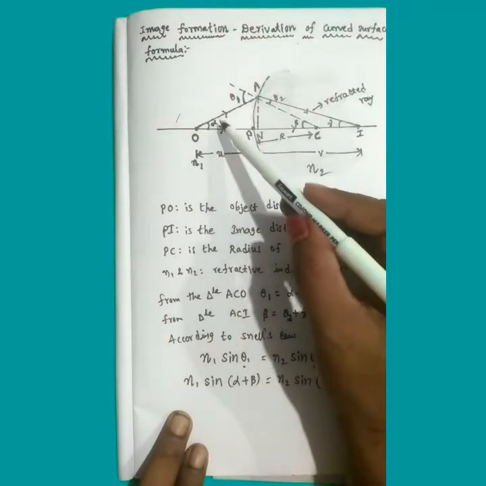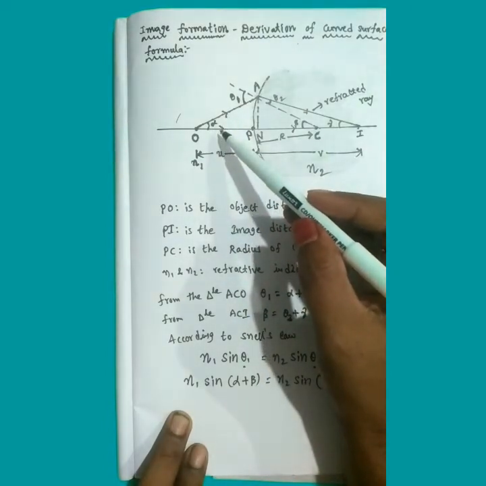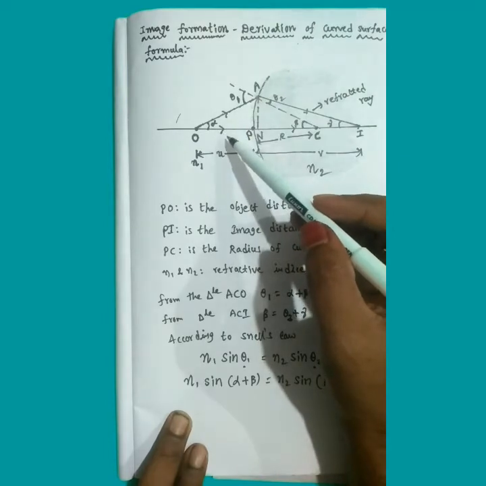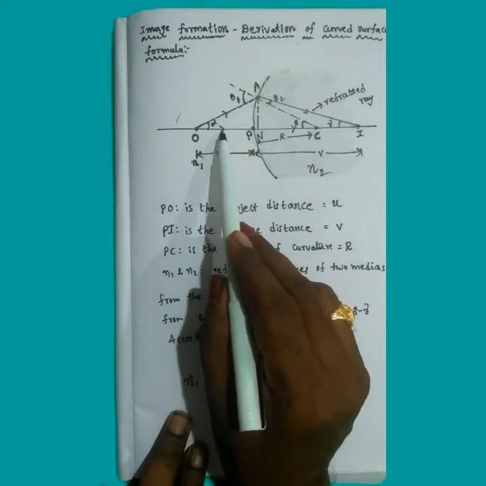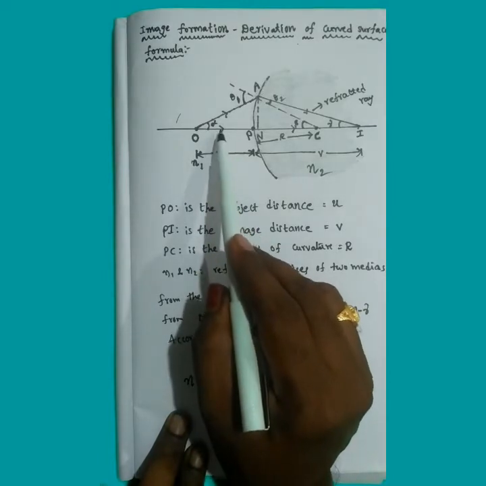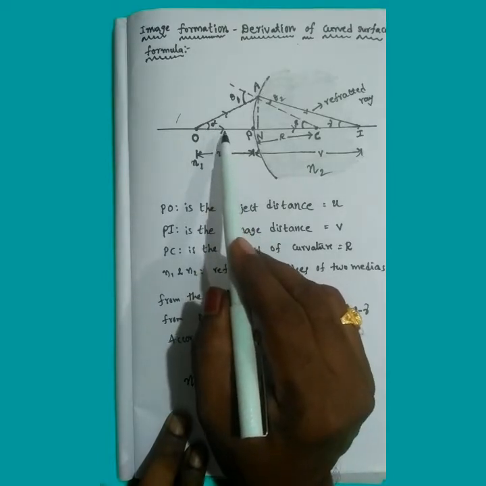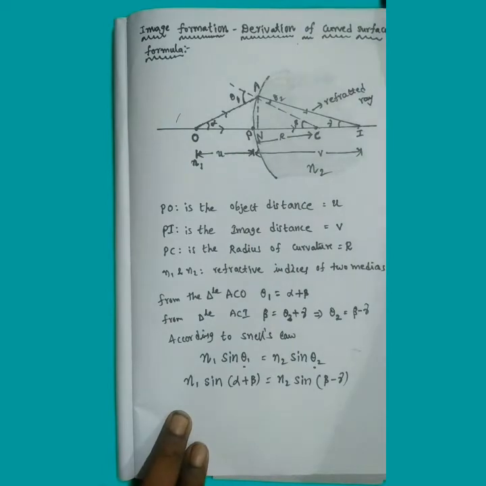Suppose these two rays are very close to the principal axis, then we can take them as parallel rays, and these are also called paraxial rays. The approximation we are taking here is called the paraxial approximation.